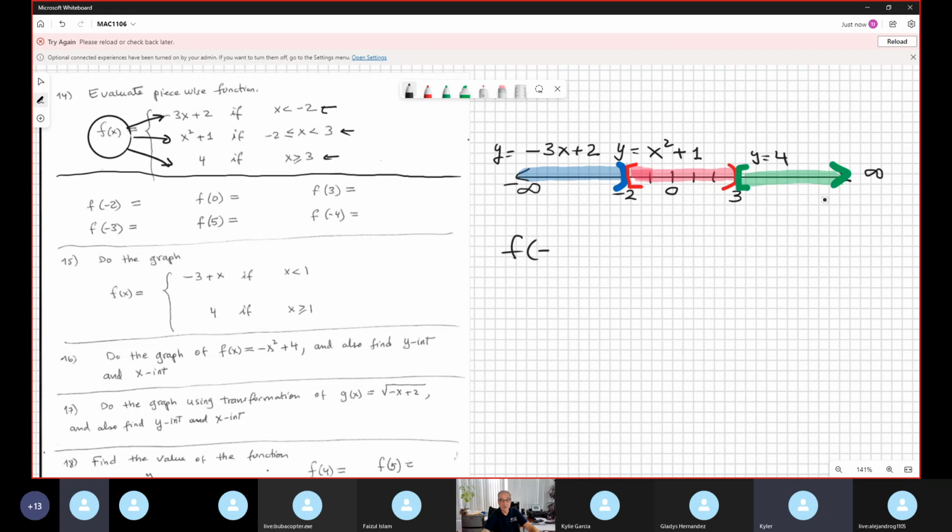And you need to evaluate several. F evaluated at -2. Be careful, because -2 is weird, it's tricky, because you need to identify if your -2 belongs to the blue part or to the red part. What do you think? Belongs to the green, or the red, or the blue?